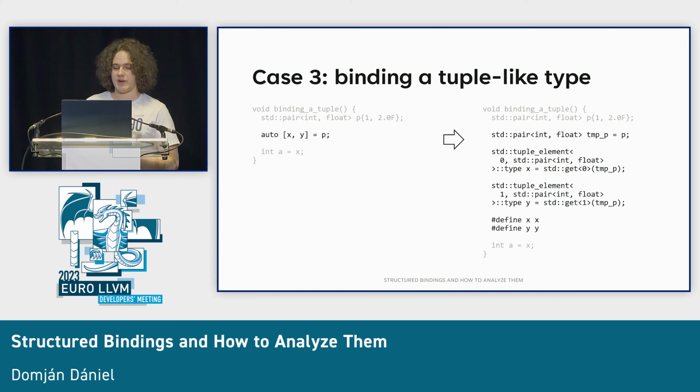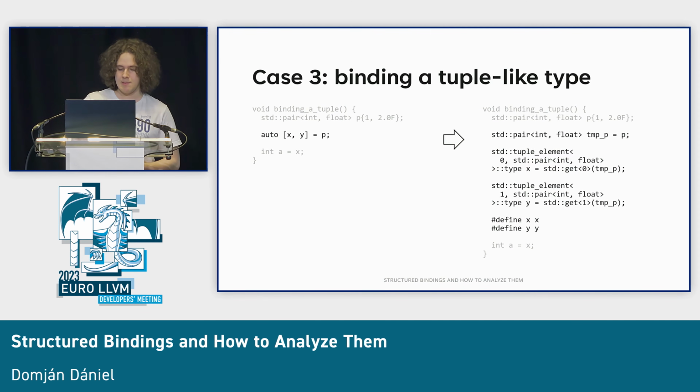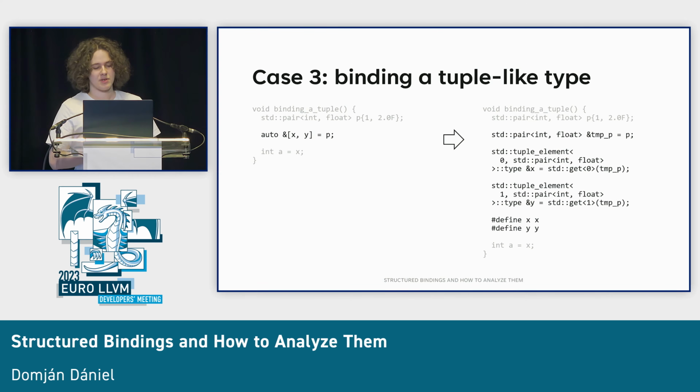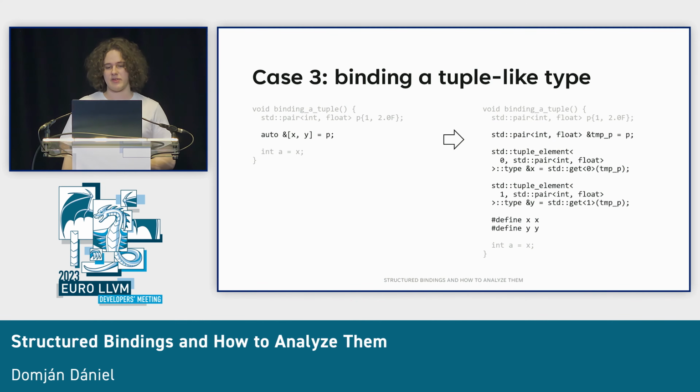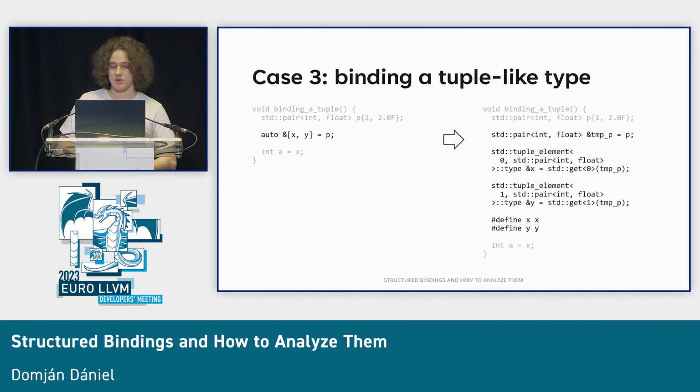And then each identifier will be a reference to the variable with the same name. Now, of course, if the binding is created by reference, then both the temporary and the variables will be reference types, so they will access the value in the original tuple.